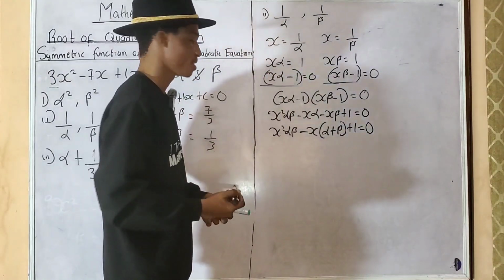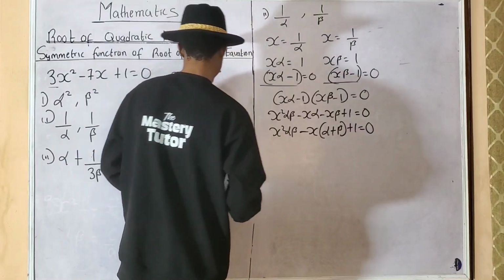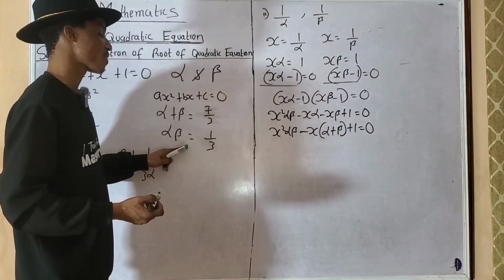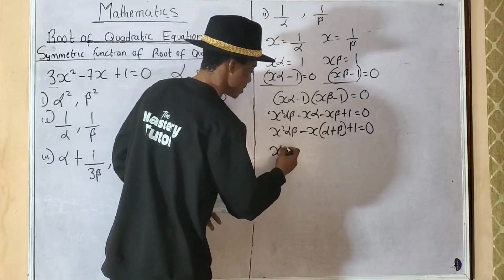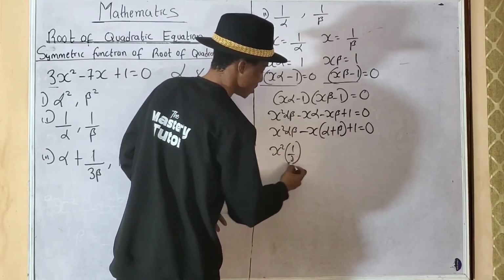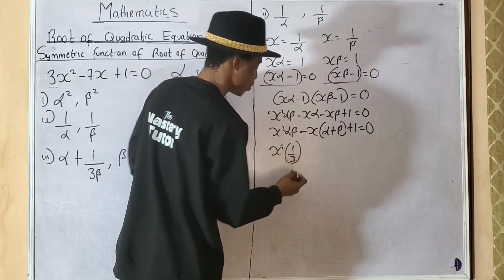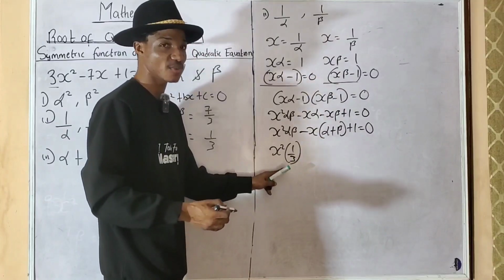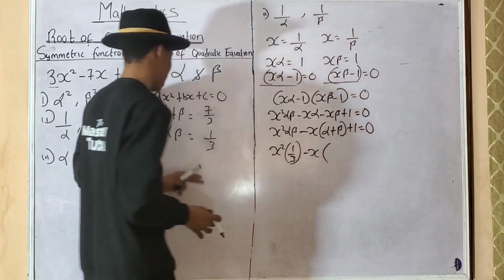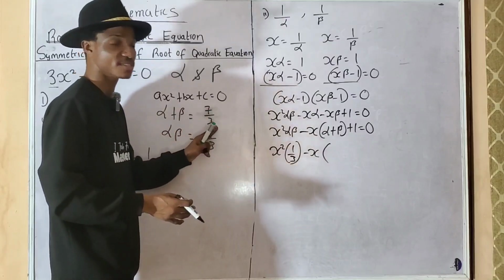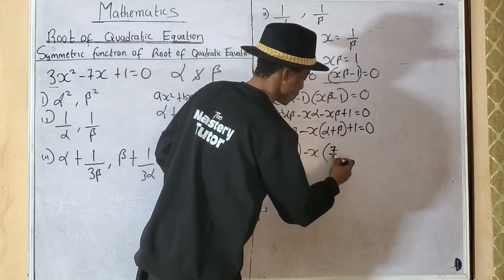Are you following? Okay. Now, don't forget that the product of the roots is alpha beta, and alpha beta is what? 1 over 3. So I'm going to have x squared multiplied by 1 over 3. What did I do? I just replaced the value of alpha beta with 1 over 3. Minus x multiplied by alpha plus beta. Alpha plus beta is what? 7 over 3. So I'm going to have 7 over 3.